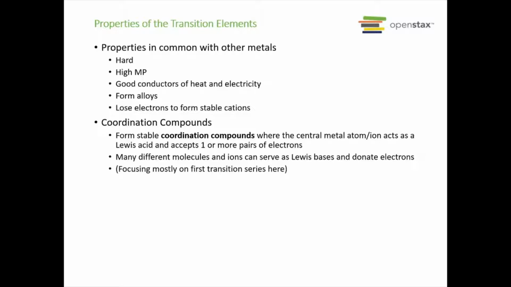They tend to form stable coordination compounds, and these have a central metal atom or ion that acts as a Lewis acid and can accept one or more pairs of electrons. There's a bunch of different molecules and ions that can serve as the Lewis bases that donate electrons to that center metal. We're mostly going to be focusing on the first transition series metals in this chapter, but here and there we'll sprinkle in some of the others.